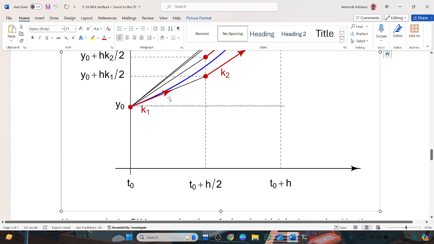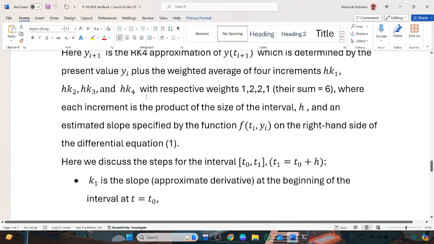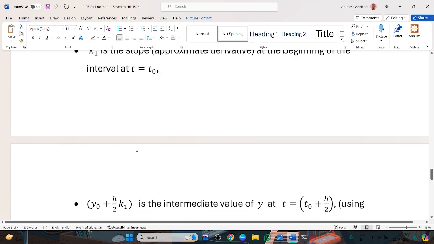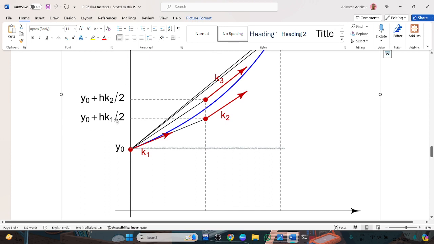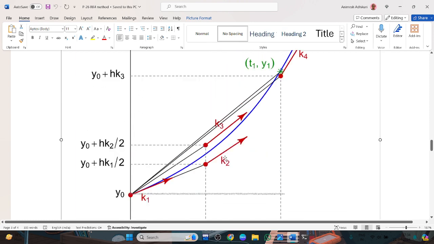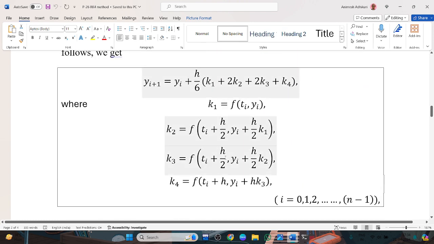So we draw the slope k1 at this point t0, and y0 plus h by 2 k1 is the intermediate value of y at t equal to t0 plus h by 2 using k1. So this is y0 plus h k1 by 2, and this is the value of y at this point for t0 plus h by 2.